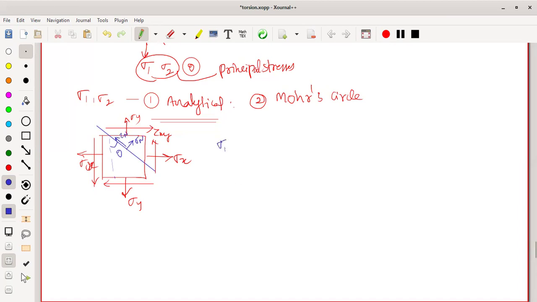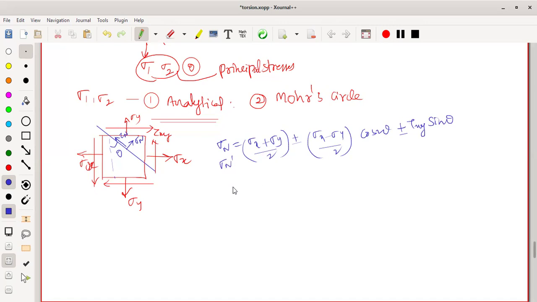So the sigma n formula you can get as (sigma x plus sigma y) by 2 plus or minus (sigma x minus sigma y) by 2 times cos 2 theta plus tau xy sin 2 theta. Here you have plus or minus, giving sigma n and sigma n dash.